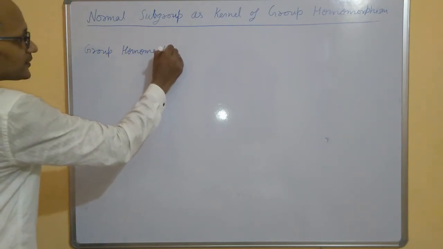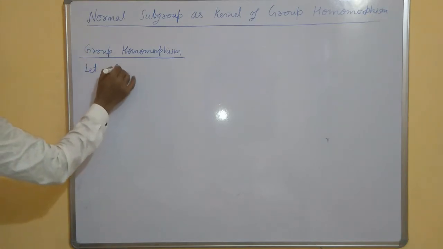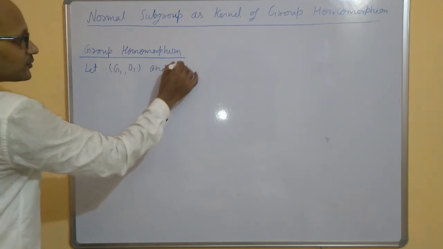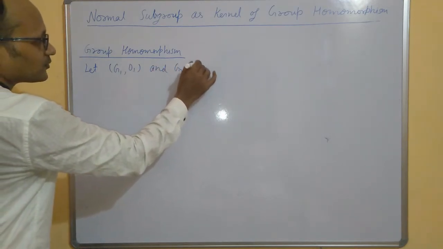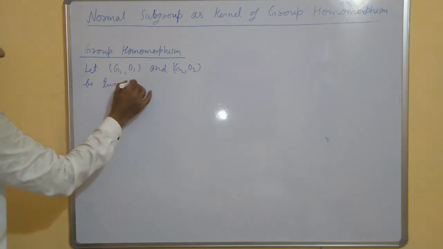Group homomorphism. Let (G1, O1) and (G2, O2) be two groups.